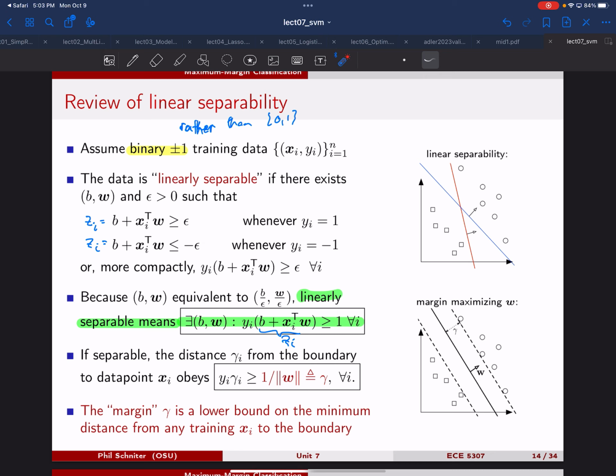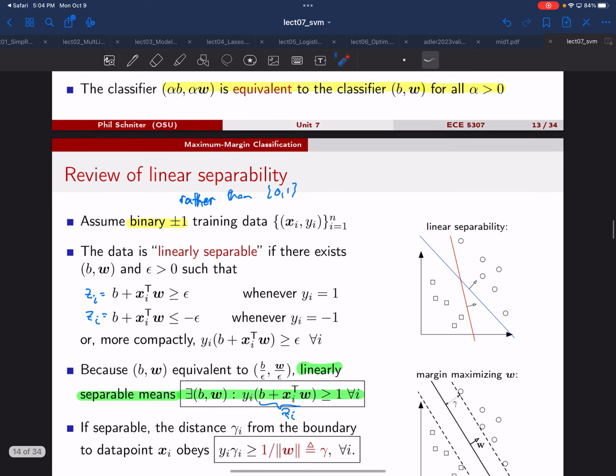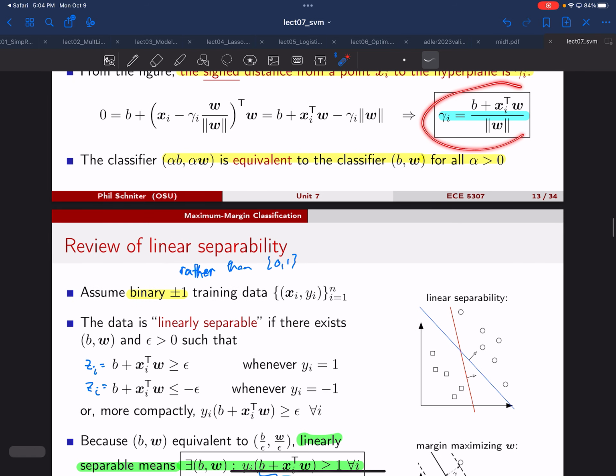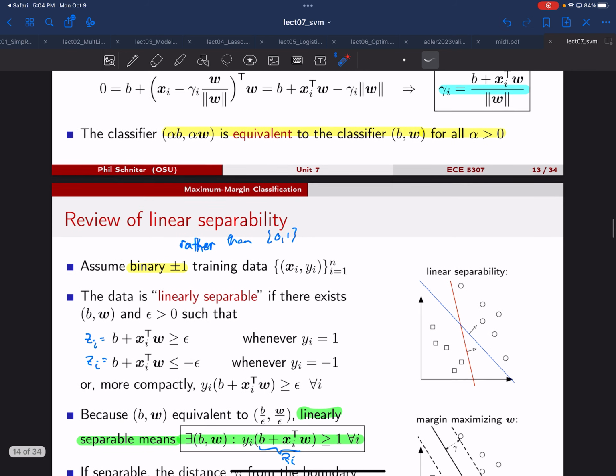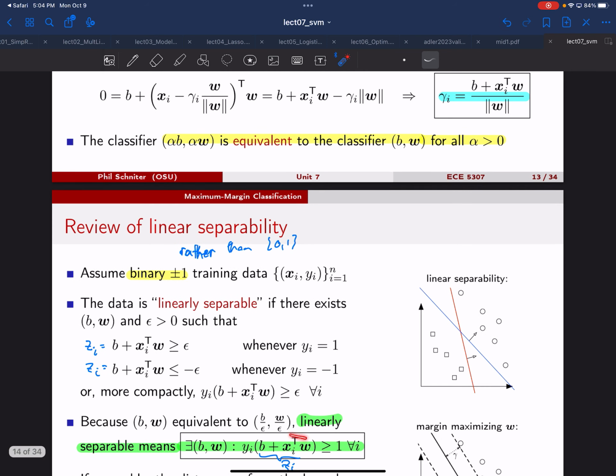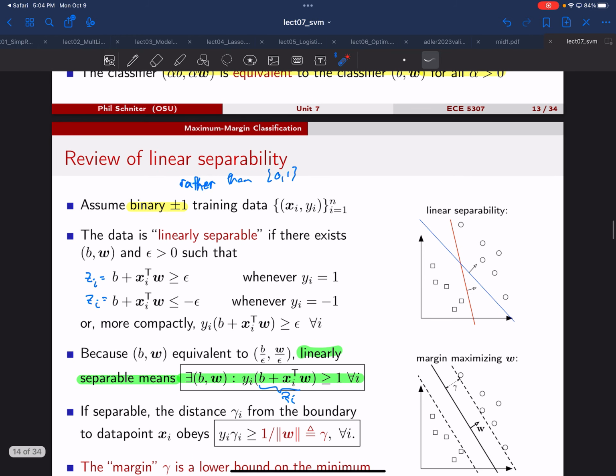Okay. Great. Any other questions? Okay. So finally, we can merge this equation with this definition. If you think about it, this is a way of writing the score as gamma i times the norm of w. So I can substitute gamma i times the norm of w, and when you do that, you get this.